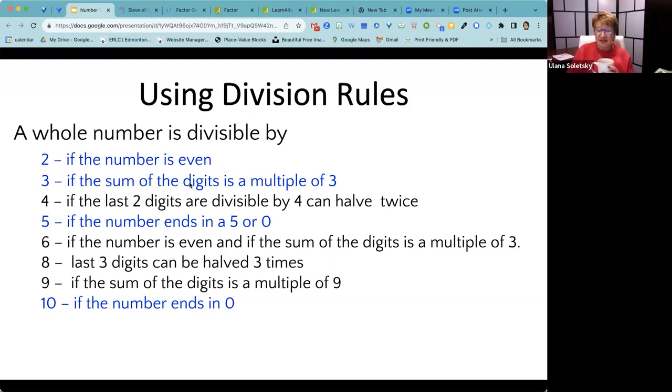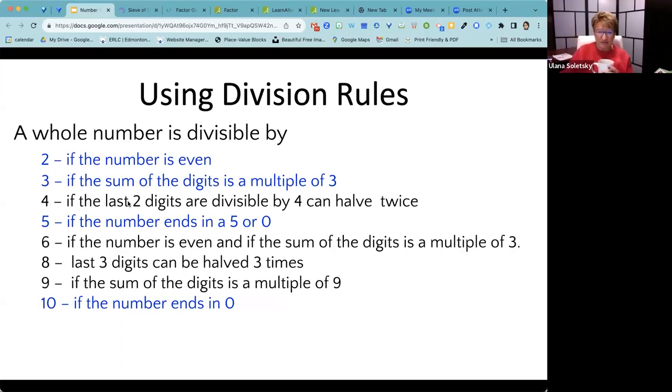3, if the sum of the digits is a multiple of 3. I'm going to go through that in a second, but that is a great way to check if 3 actually goes into a number without a remainder.